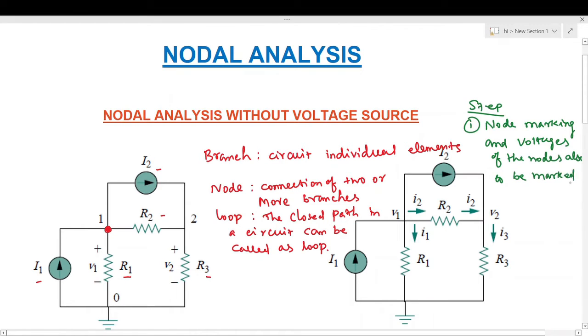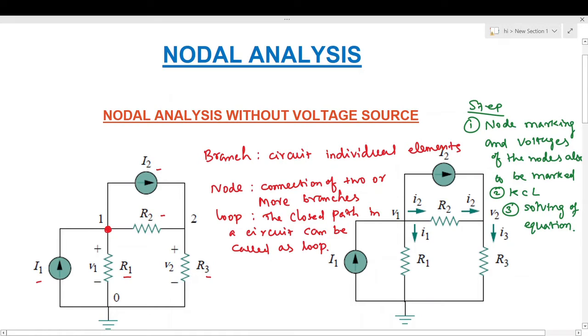This is the first step. In the second step, we need to apply KCL on the nodes to find the equations required to solve this circuit. And third one is solving of the equations found by using KCL.